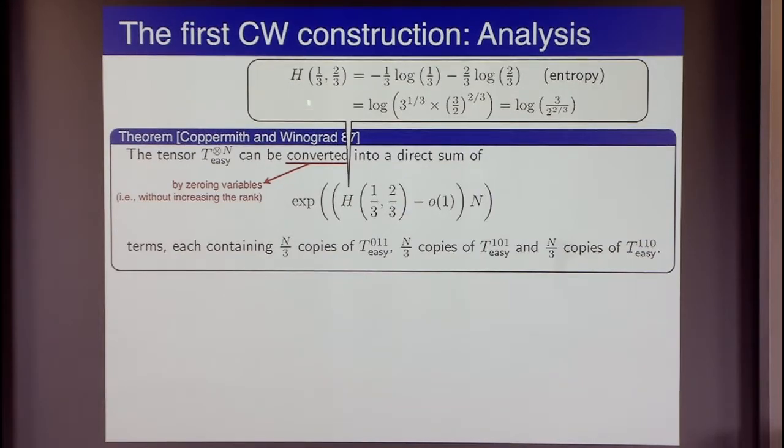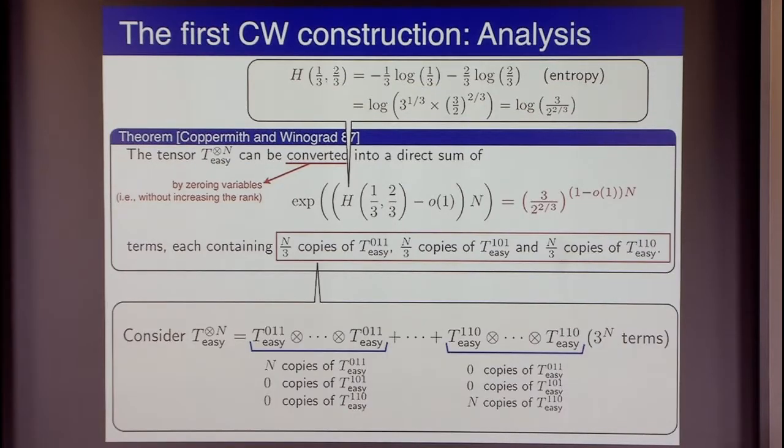Here H represents the entropy. If you do the computation, this entropy is equal to this, so you can rewrite this term as follows. And so n copies of each part has the following meaning. When you take the nth power of T_EZ, you will obtain 3^n terms.